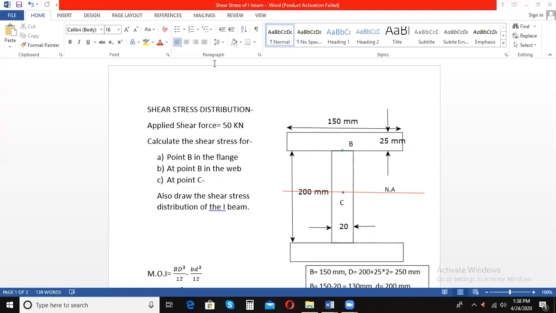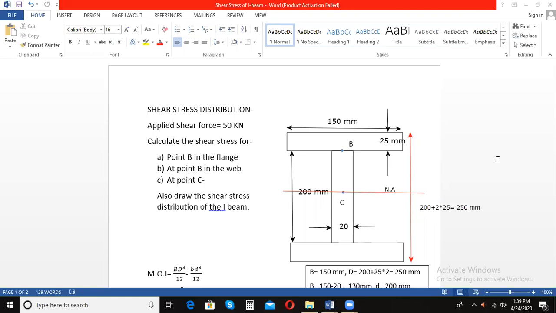The overall depth is 200 plus, since you have two flanges, 2 into the thickness of the flange, 25, so that comes out as 250 mm. This is my overall depth of the beam. Clear?